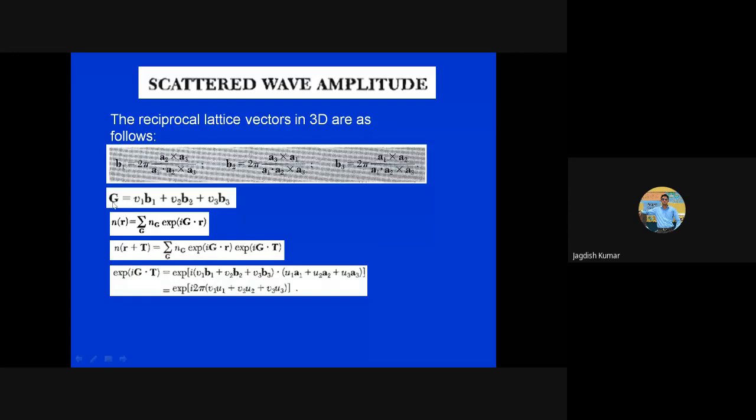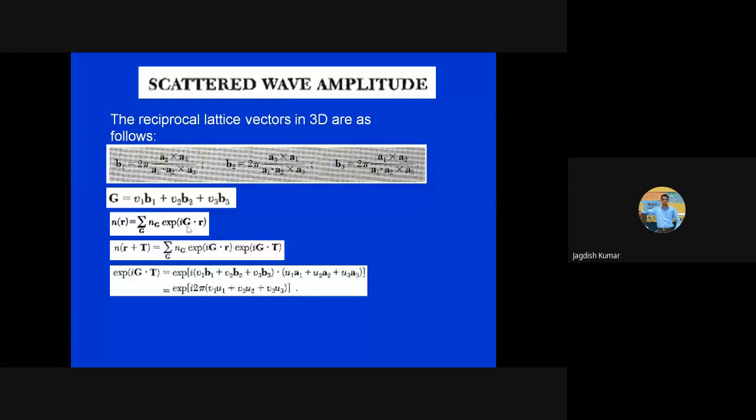Then you find out G's, the reciprocal lattice vectors, according to this, where v1, v2, v3 are integers. And then you can write down the electron density in terms of the reciprocal lattice vectors. So something in real space can be written equally well with the help of something in the reciprocal space. So that is something useful mathematically at least.